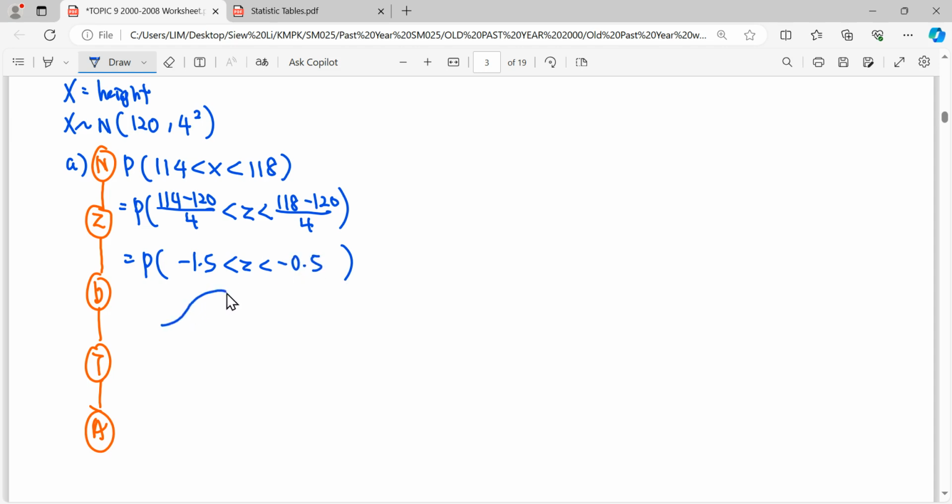Then we draw out this standard normal graph where the center will be 0, negative at left hand side, positive at right hand side.